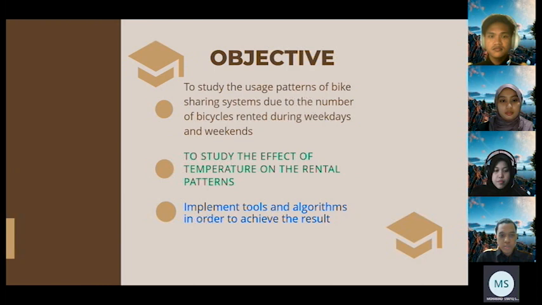And the third one is to implement tools and algorithms in order to achieve the results. For the tools here, we use Python language, and the compiler we use here is Jupyter. And for the algorithm, we use linear regression and prediction.